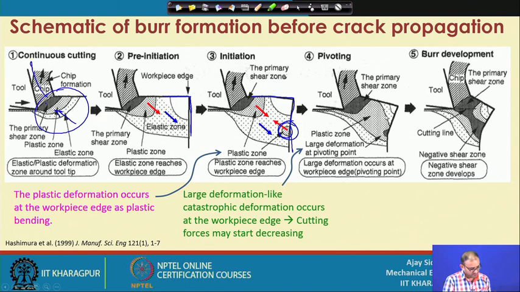So, large, catastrophic deformation occurs at the workpiece edge. The cutting force may start decreasing, because the total resistance to deformation from the workpiece is reduced. You are getting one additional deformation from the workpiece side, not from the tool side, so this whole part becomes a little bit soft, and our objective is to cut from here to here.